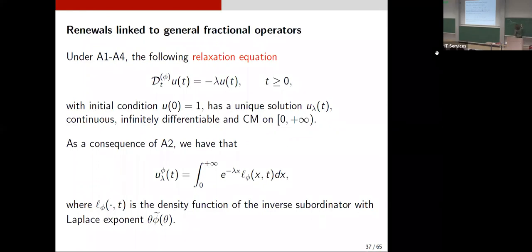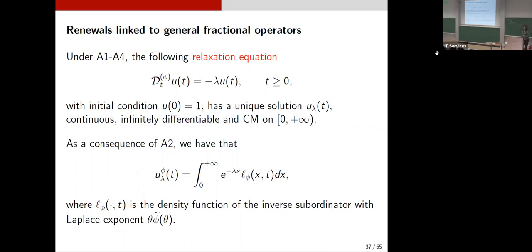A function f is completely monotone if for any x it is positive, and if it is of course infinitely differentiable, and the nth derivative of the function, when multiplied by -1 to the power n, is greater or equal to 0.